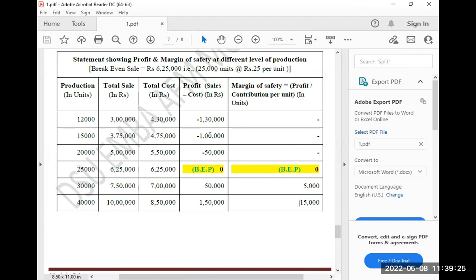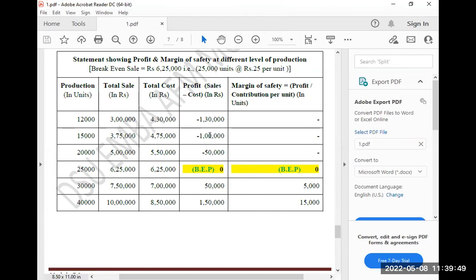6,25,000. Write the amount. Next line, minus variable cost. What is the variable cost for this amount? What is the number of units? 25,000. So variable cost is 25,000 units into what is the variable cost per unit? 15. So 25,000 into 15.